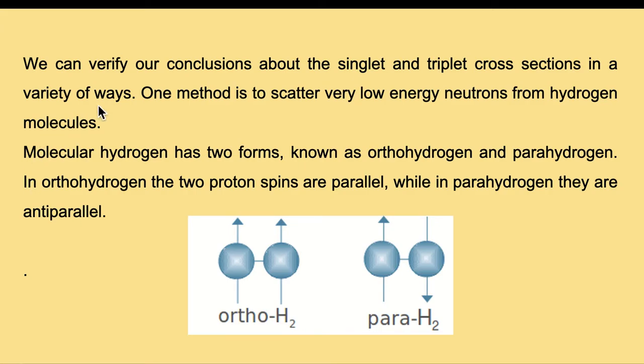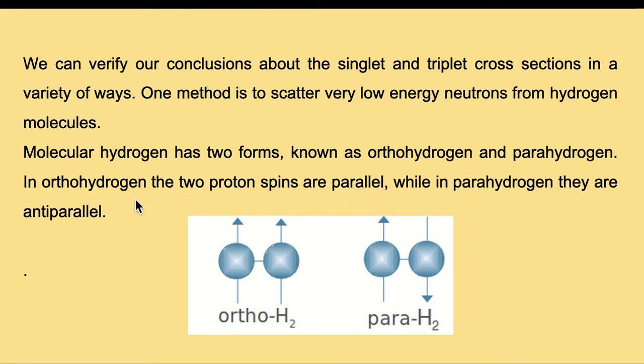We can verify our conclusions about the singlet and triplet cross sections in a variety of ways. One method is to scatter very low energy neutrons from hydrogen molecules. Molecular hydrogen has two forms known as orthohydrogen and parahydrogen.